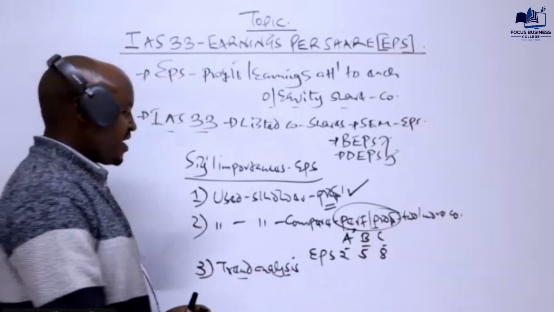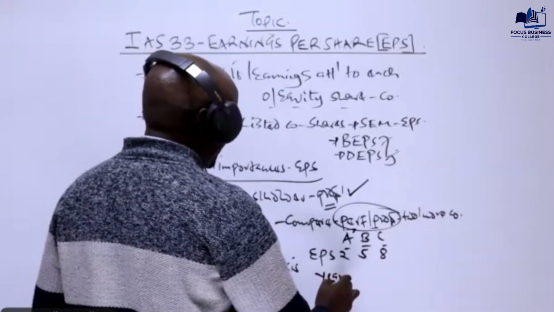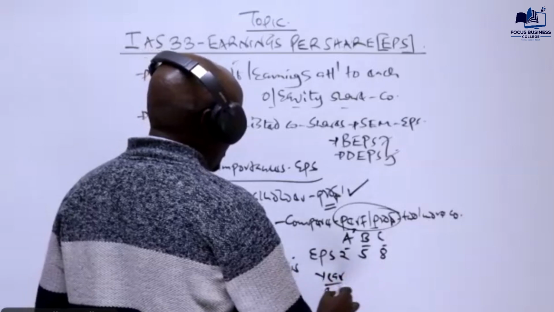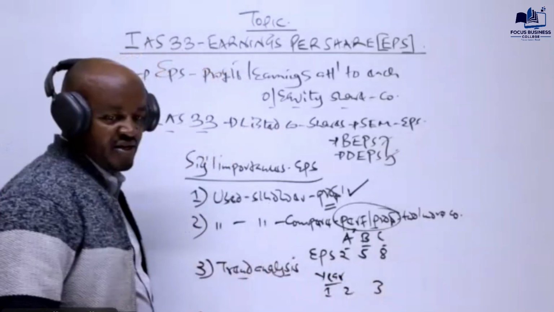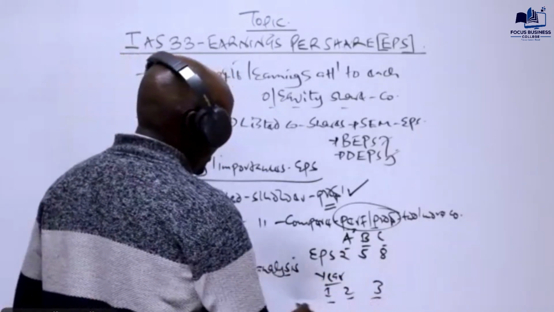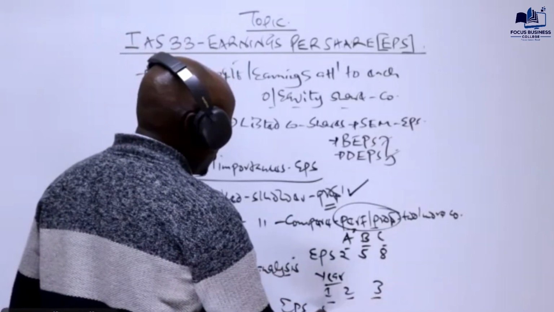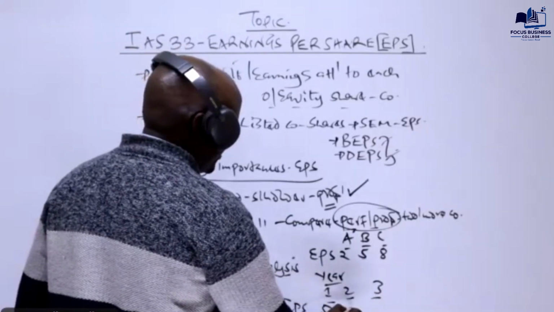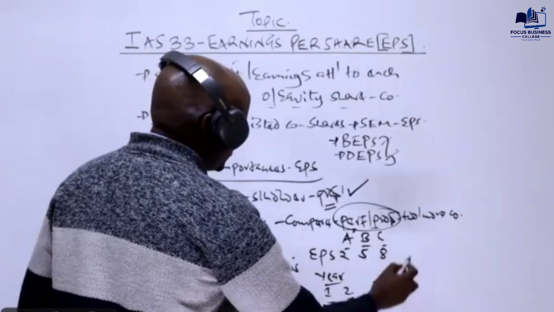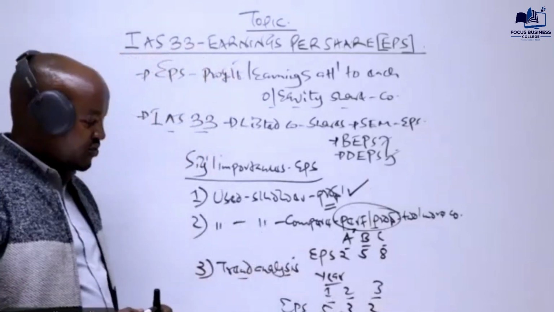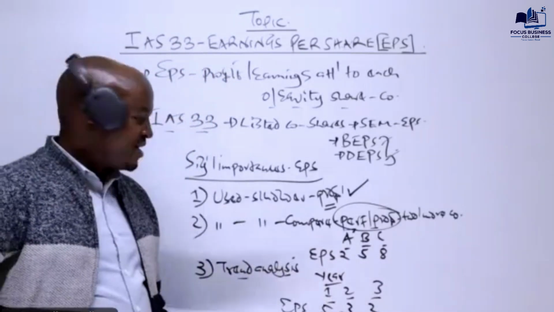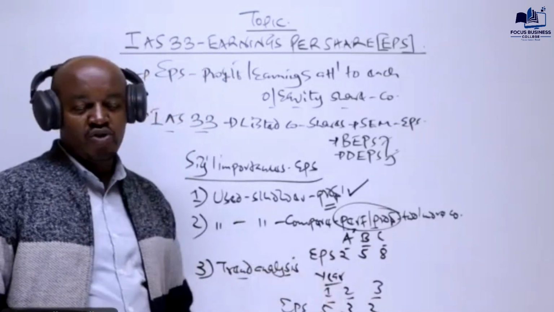So if, for example, the company has computed the earnings per share for year 1, year 2, year 3, and you're given those earnings per share, maybe here it was 5, here maybe it was 3, and here it was 2, then you can use this earnings per share to compare the performance of the company in those 3 years.